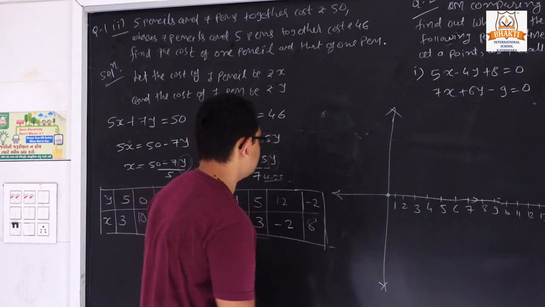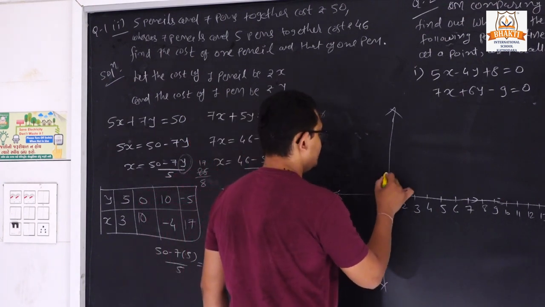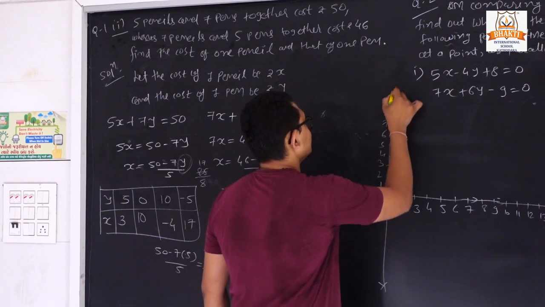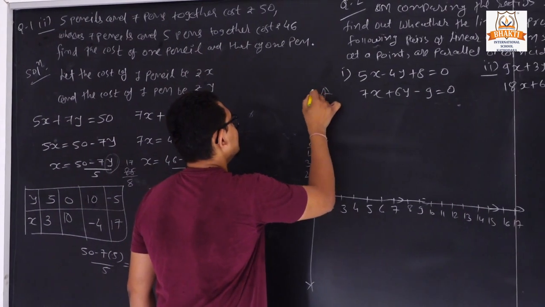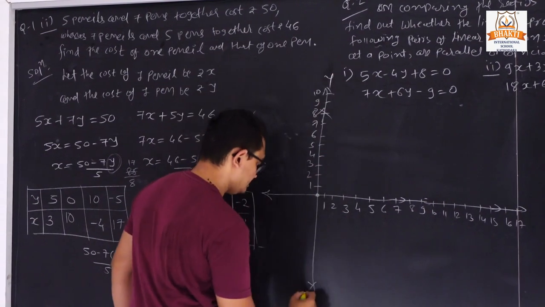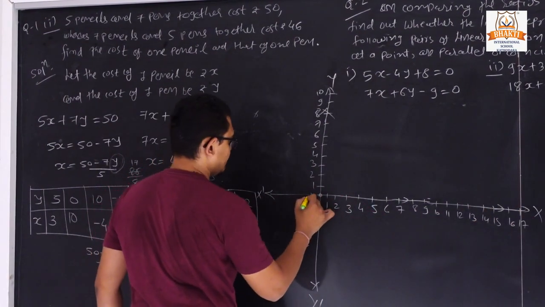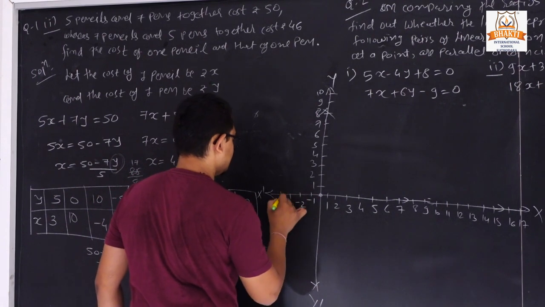And on the x-axis we have up to 10: 1, 2, 3, 4, 5, 6, 7, 8, 9 and 10. Here it is y, y dash, x, x dash. Here -1, -2, -3, -4.